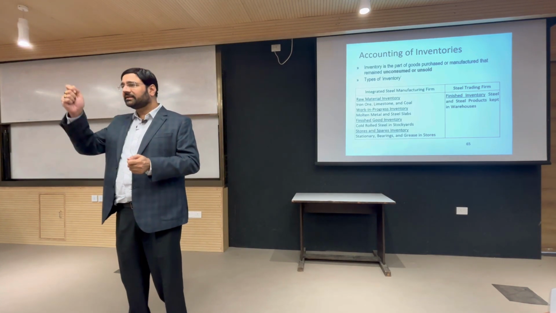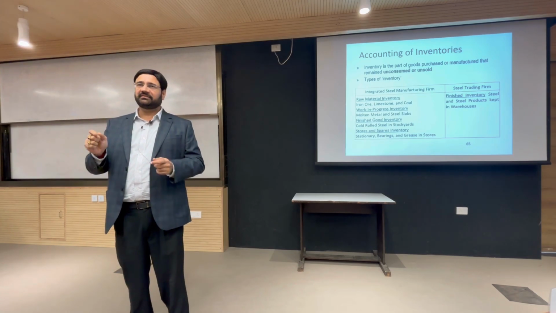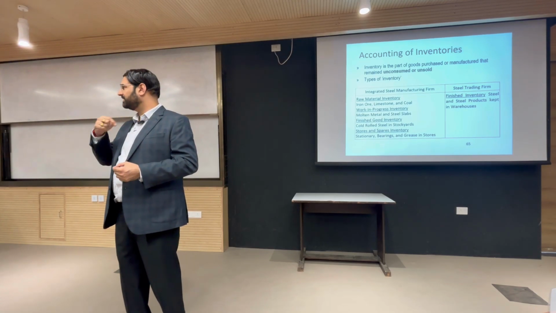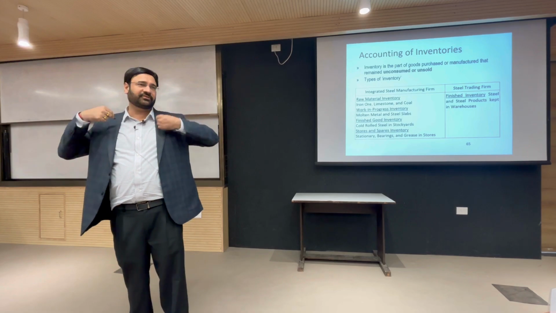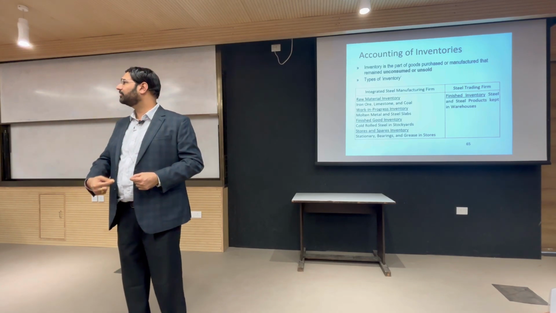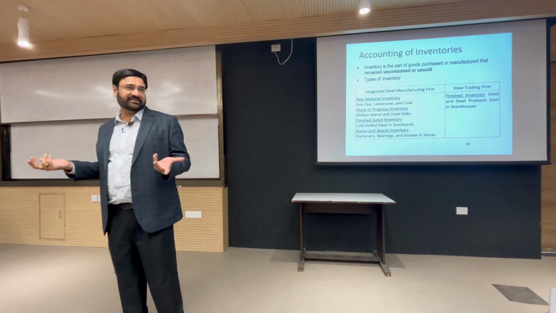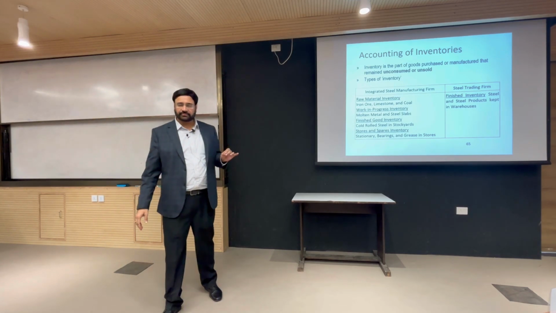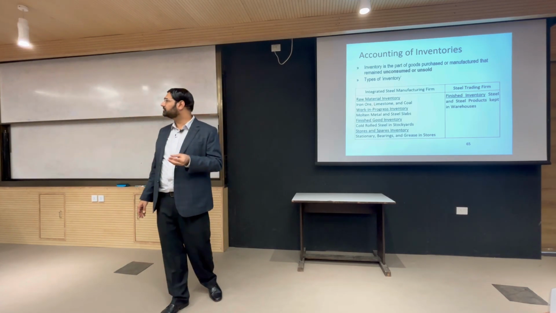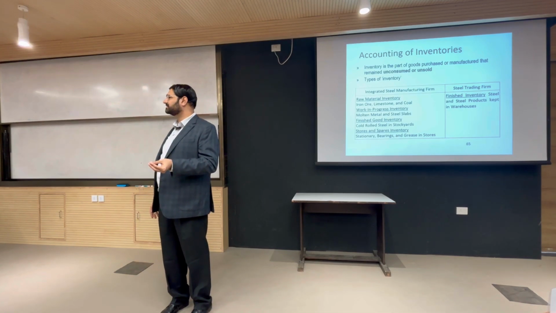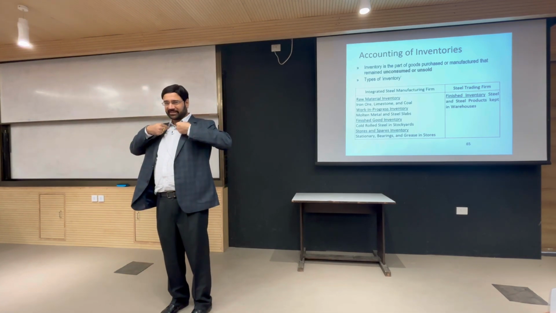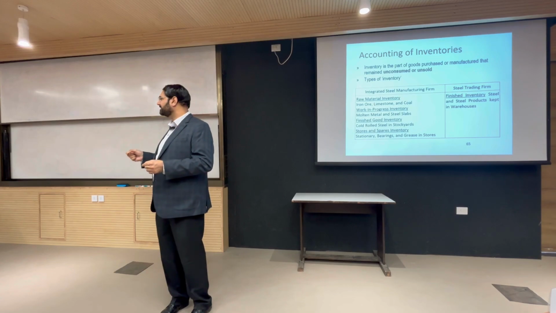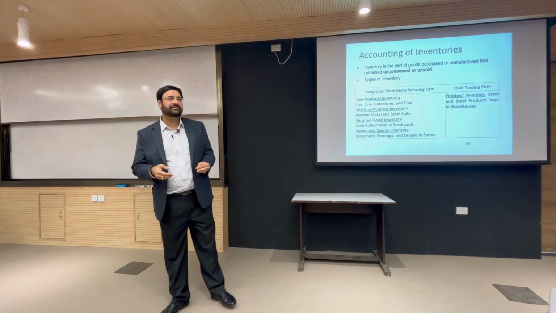As in, we have cut it, the stitching is on, maybe the shirt is almost ready, but the collar is not yet ready, the buttons are not yet put. So these are work in progress, right? And then of course we will have some inventory of buttons, collar stuff, needles, threads. So that is our spares.